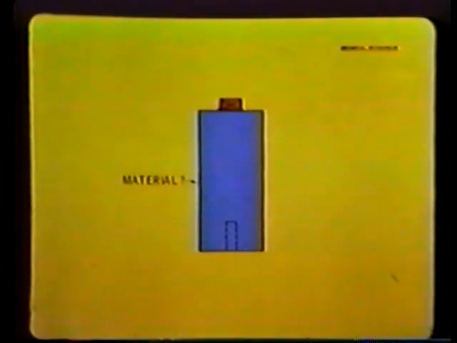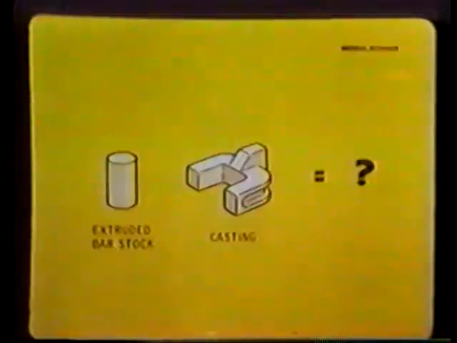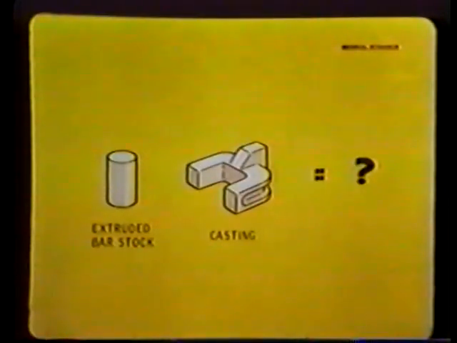Another important consideration is material. It should be the same as that of the test specimen. The same alloy content, heat treat, the same amount of hot or cold working, the same surface condition. If not, errors will result. For example, using test blocks made from extruded bar stock will lead to large errors in the testing of cast parts.